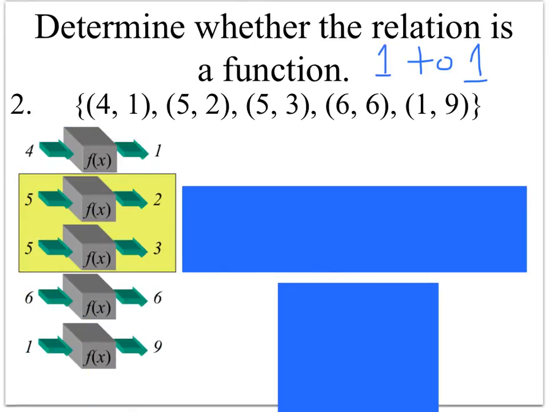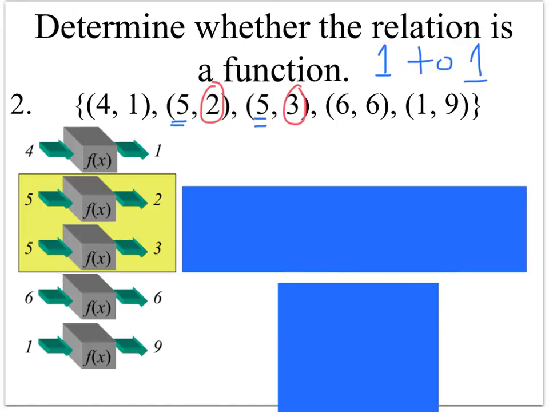that my inputs right here, 4 goes to 1, 5 goes to 2, but then here I have another 5 that goes to 3. So that means that my input, 5, goes to two different outputs. One goes to 2 and the other one goes to 3.